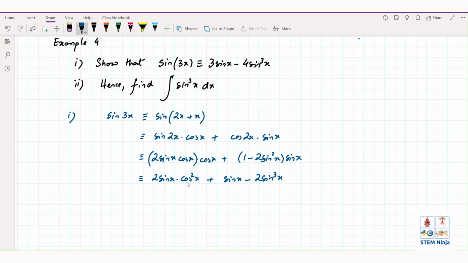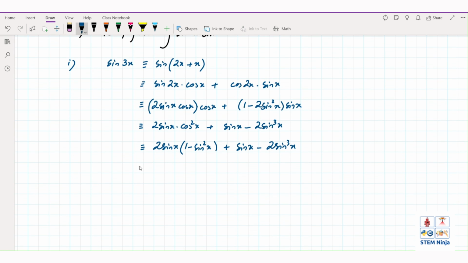Now cos squared can be written as 1 minus sine squared. So 2 sine x times 1 minus sine squared x plus sine x minus 2 sine cubed x. So that would simplify to 2 sine x minus 2 sine cubed x plus sine x minus 2 sine cubed x.